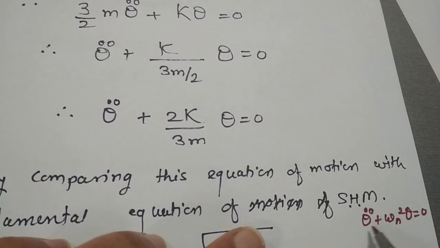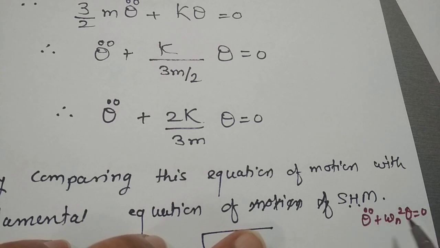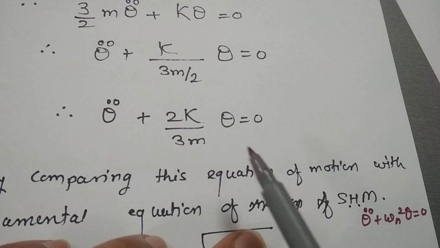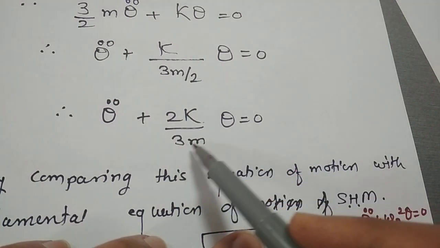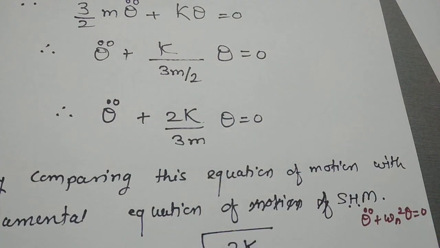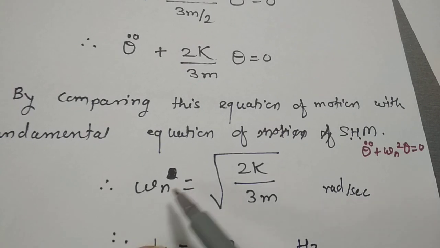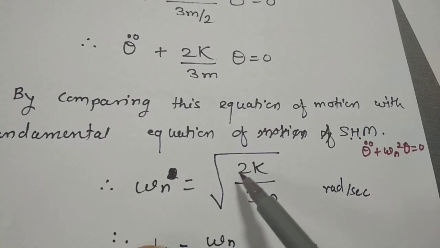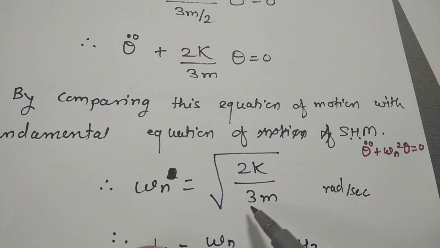Angular acceleration plus omega n square, natural frequency of the system, square into the angular displacement is equal to 0 for rotary motion or angular motion. Okay, so omega n square is equal to this one. So omega n can be written as square root of 2k by 3m radians per second.